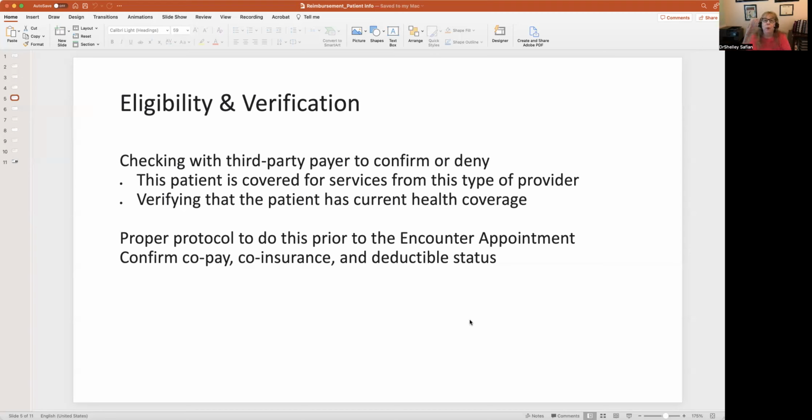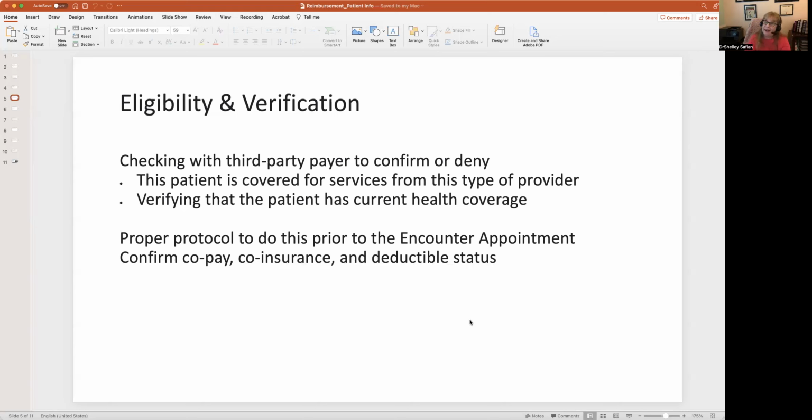So as soon as the appointment is made, when it's made in advance, eligibility and verification should be the proper protocol in your office, wherever you're working, to do as soon as possible. This will also help you confirm what the patient's copay is or coinsurance, anything that they have to pay the day they come in for their appointment.